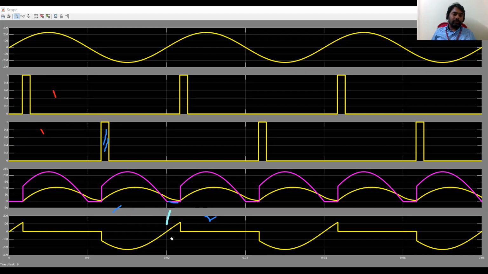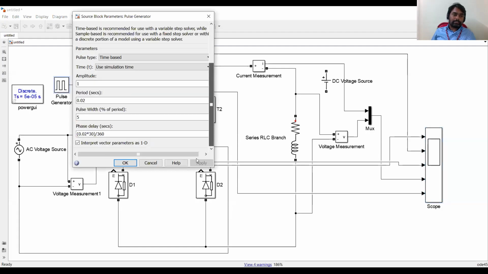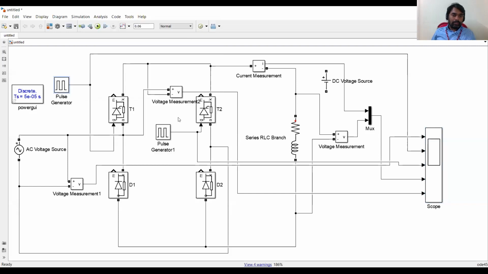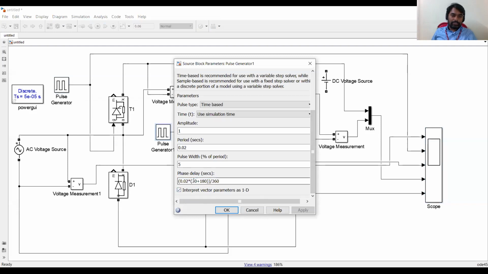Now let us move on to one more firing angle, at alpha equal to 60 degrees. So just replace this 30 with 60. Here also T2 should trigger at 60 plus 180 degrees.